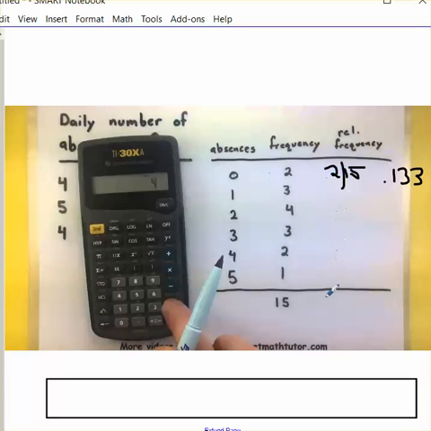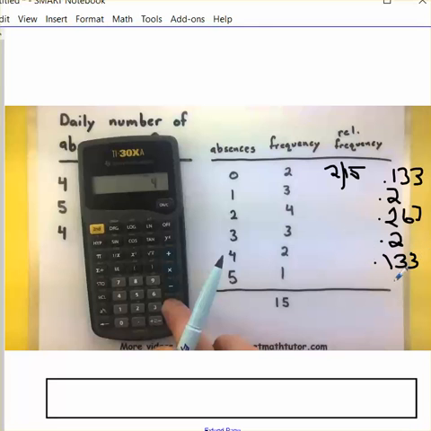And then we can go straight down the column here and calculate the rest of them. 3 out of 15 is going to give you 0.2. 4 out of 15 is going to be 0.267. 3 out of 15 again is going to be 0.2. 2 out of 15 again is going to be 0.133.